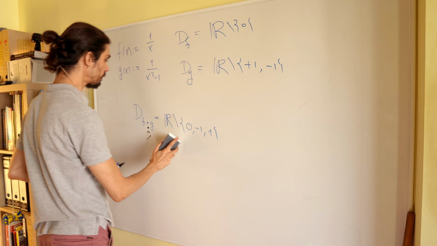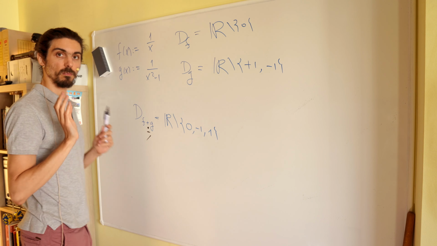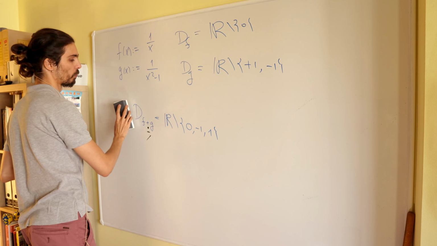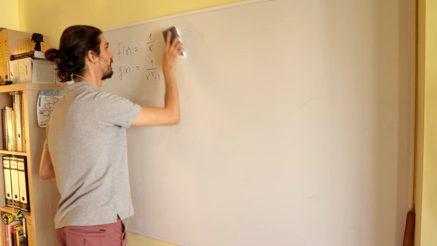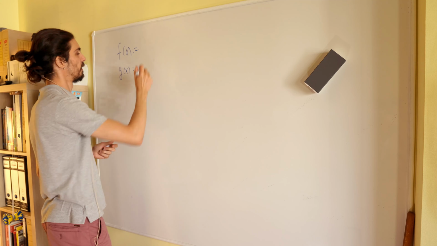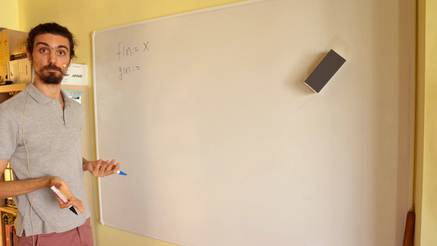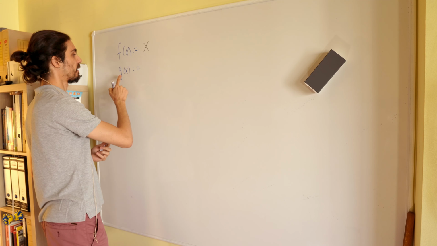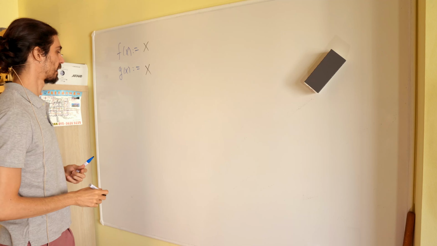Now, let us see one more example. One last example, in fact. A trickier one. Let's assume that f of x is x, so it's the identity function. And g of x is also the identity function, so it's x again.